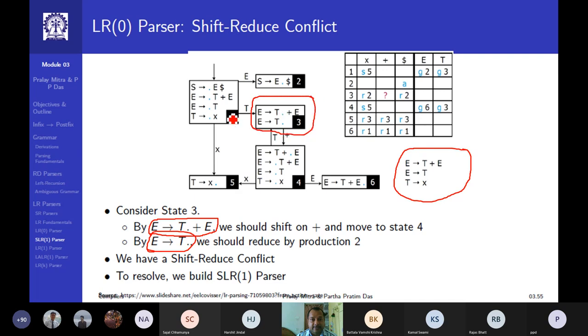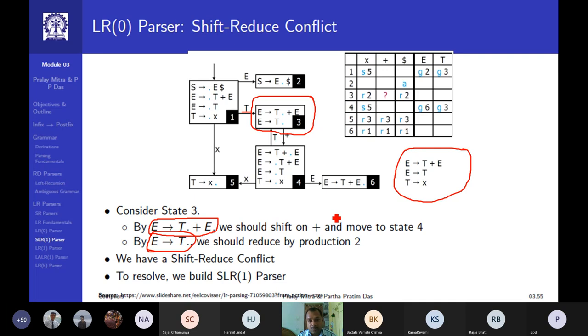Starting from the first state, upon looking at the T non-terminal, I have reached state 3. Here you look at the two items. For one, I will suggest you shift when I see addition, and for the other, I will suggest reduction.